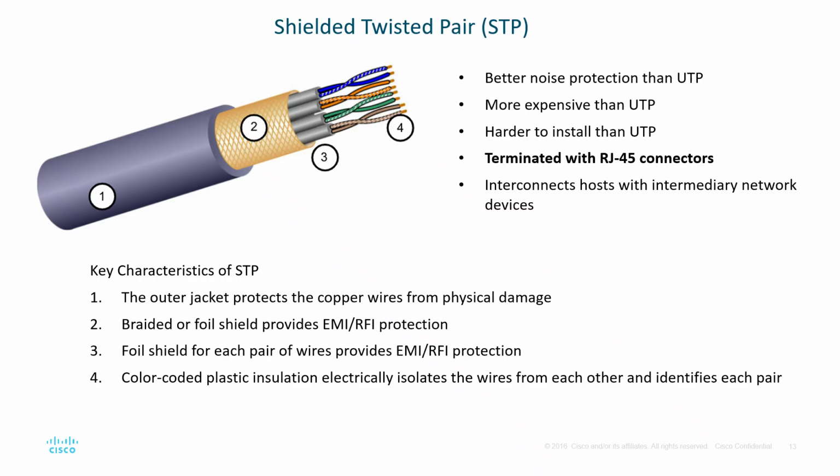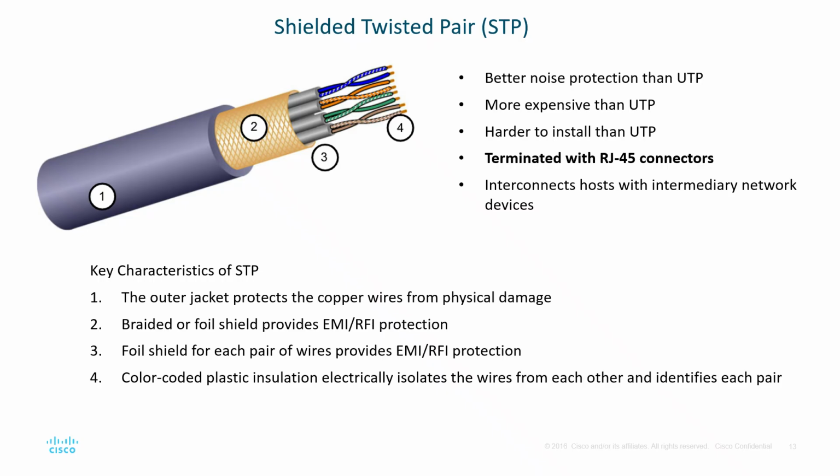Just looking at the difference between this and the previous slide, you see a lot more things going on here. You see, again, the outer jacket that protects the copper wires from physical damage. Then you see a braided foil, which is going to protect against EMI and RFI.